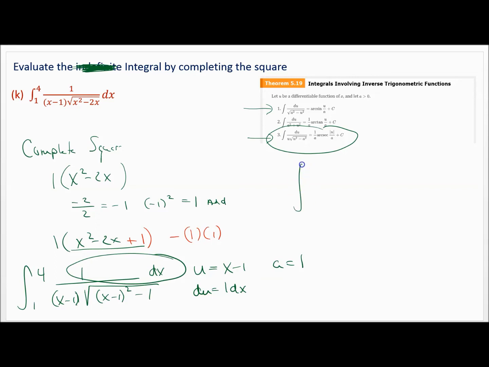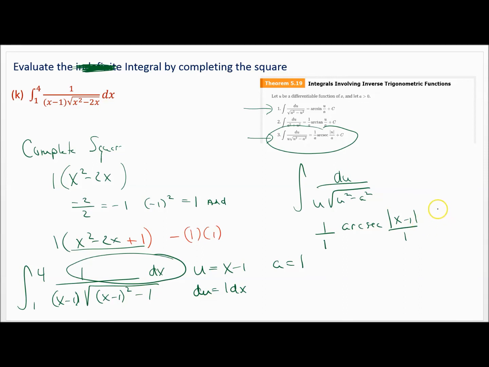So that turns into the integral of du. There's a u right here, and square root of u squared minus a squared, which is exactly what we need. So when I substitute in everything, I've got 1 over a, which is 1, arcsecant of the absolute value of u, and they are required in this case, over a, which is 1.